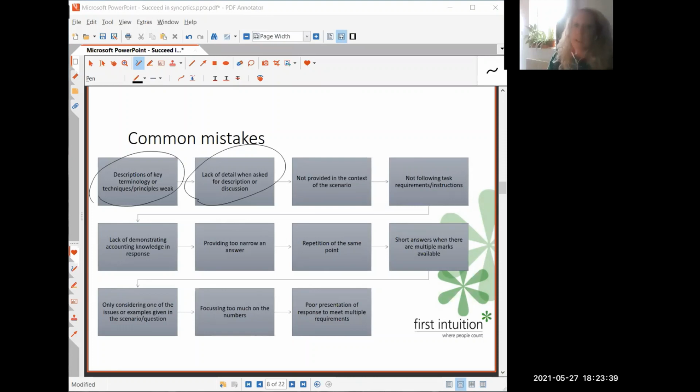So these common mistakes are things that have been picked up by the examiners and have been put in the examiner reports, and in every report they talk about this, a lack of detail when a particular style of question has been asked for. So make sure you say enough.